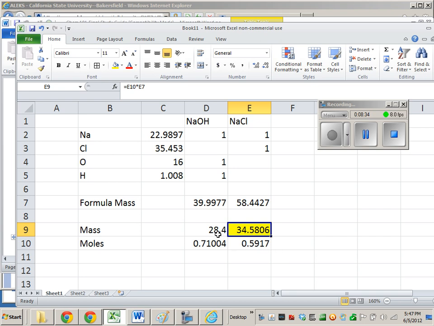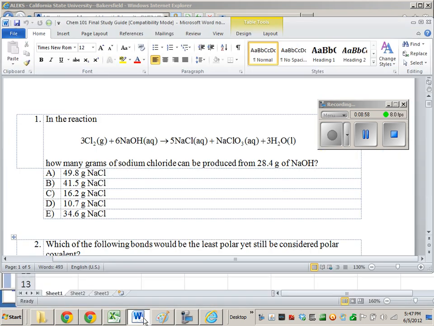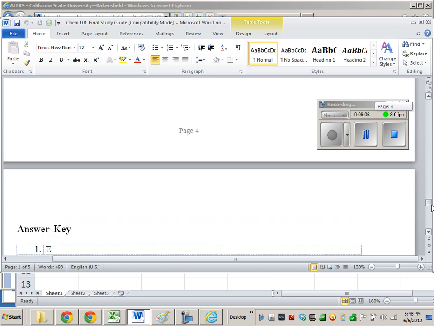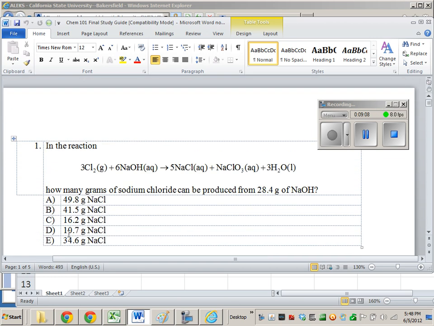Since we started with 3 sig figs, and we've been using formula masses that have many significant digits, at least 4, I'm limited to 3 sig figs, so this would be 34.6 if you were reporting it as a number. Let's see if that's consistent with any of the answers. My guess is the answer would be E, and let's see if that's right. Let's hope it is. Yay! So E is right according to the answer key.